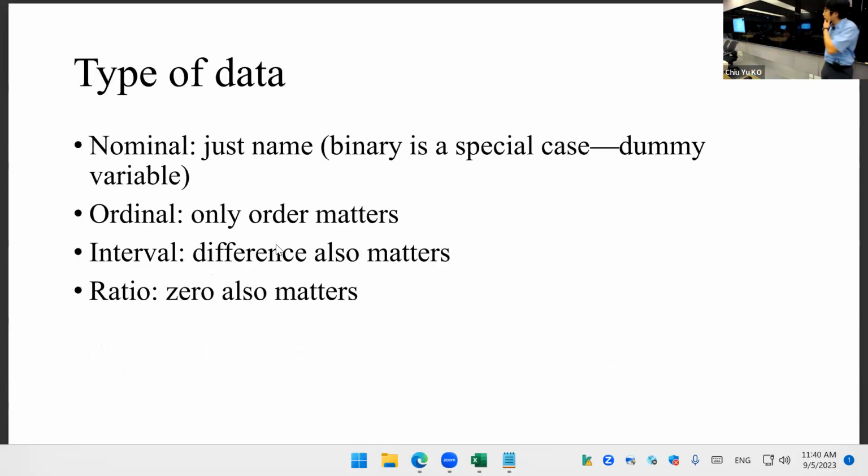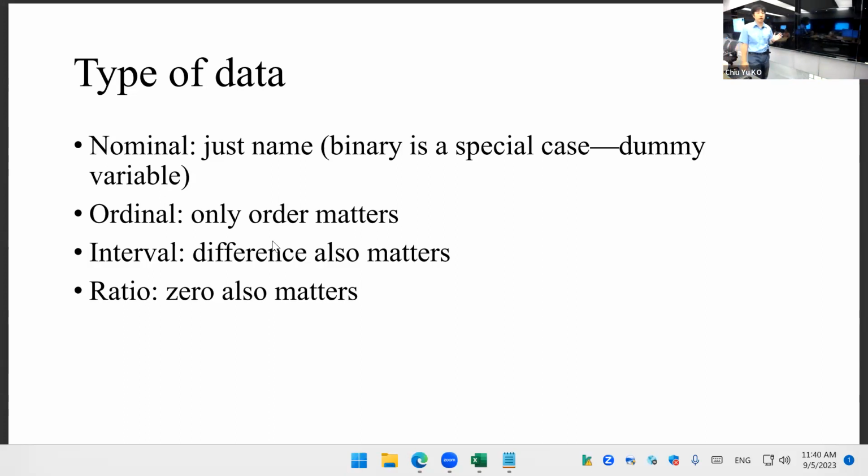Here is some classification of the data. Although it looks trivial, just like the data structure, the type of data actually affects what kind of tools is appropriate for your purpose. This is a classical way to characterize data type.